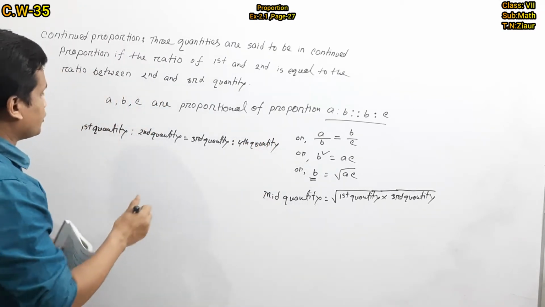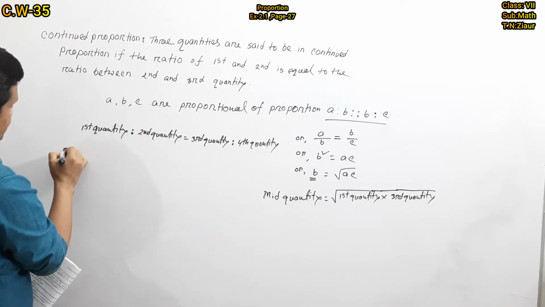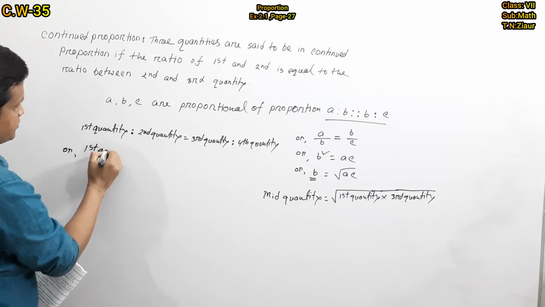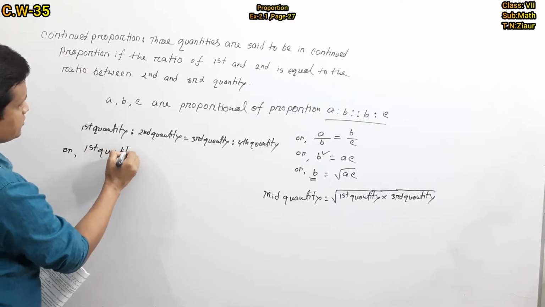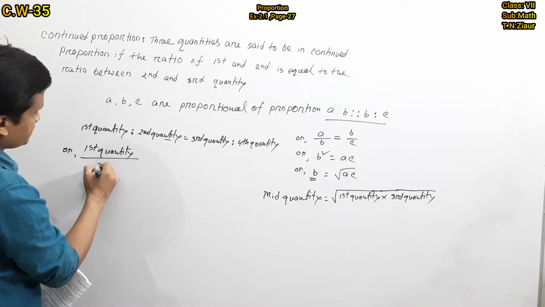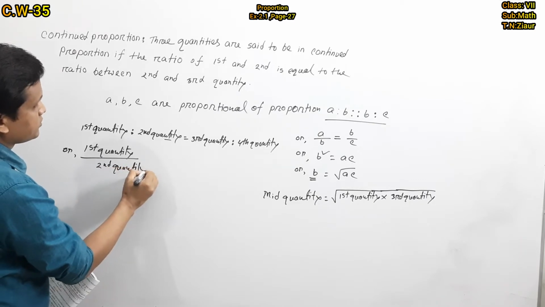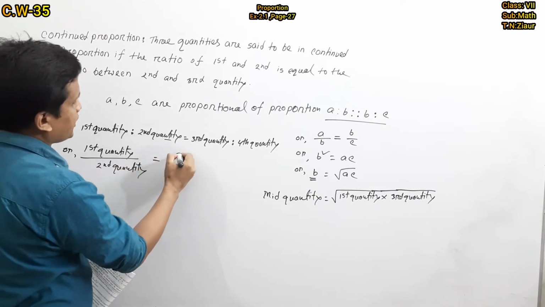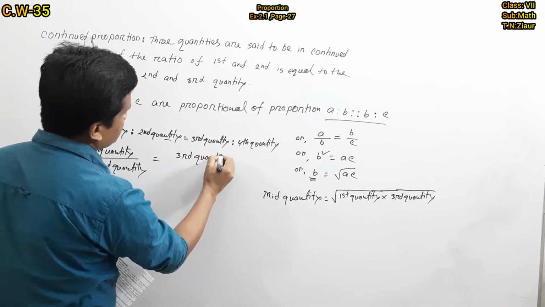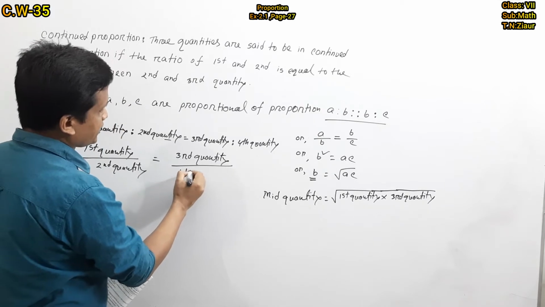Students, now this ratio, we can write like this way. So first quantity divided by second quantity equal to third quantity divided by fourth quantity. Can I write like this way?